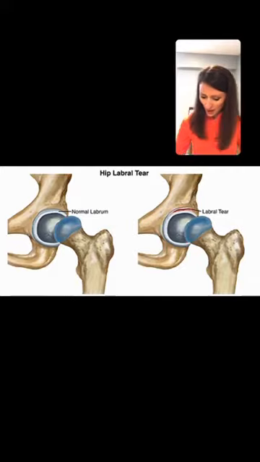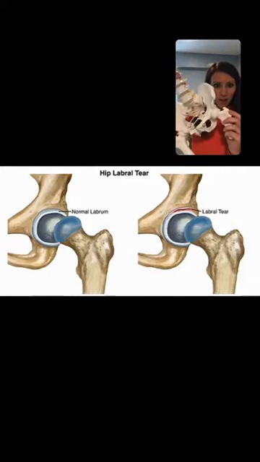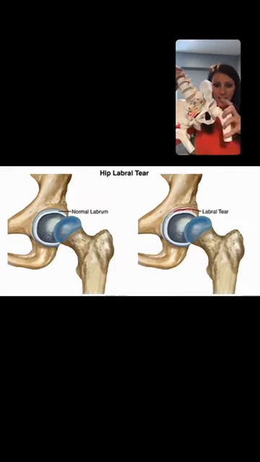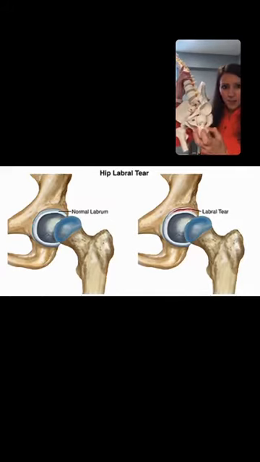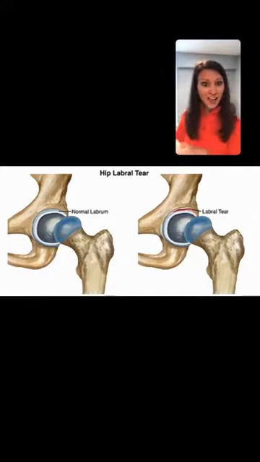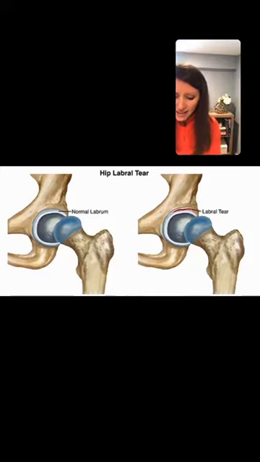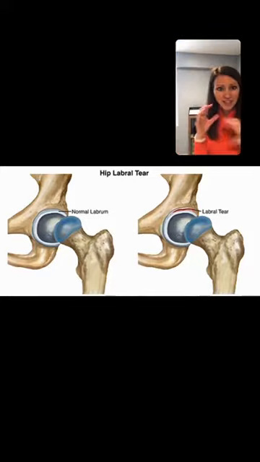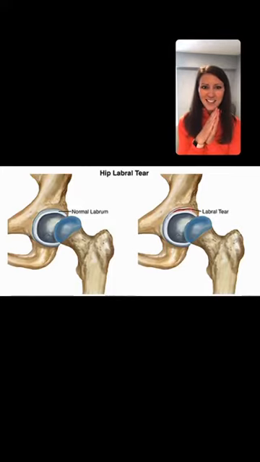So if we look back on our pelvis here, here's the femoral head. This is what we call the acetabulum, where this sits, and it suctions in there. There's this ring of cartilage all the way around here that helps hold the femoral head in place. It still allows a lot of movement, but it creates some pressure and some stability there.